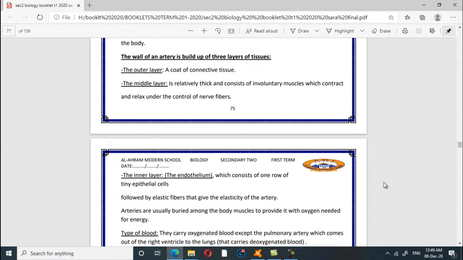The middle layer of the arteries is thicker than the middle layer in the veins, so the diameter of the arteries leaves a very thin space for the blood to move. So the pressure inside the arteries is higher than the pressure inside the veins, due to the narrow tube left inside the artery for the blood to move.